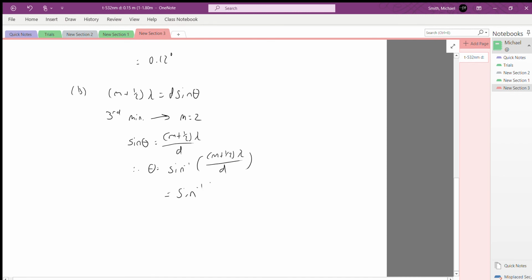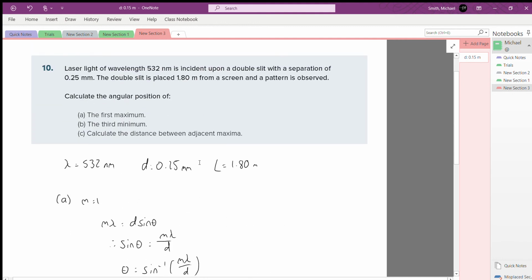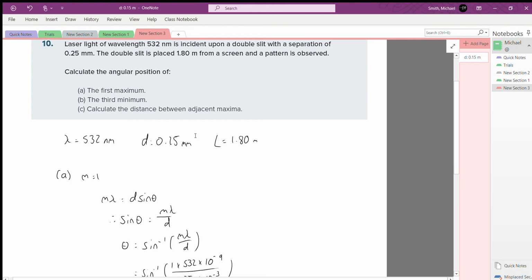The inverse sine of 2.5 times 532 nanometers on 0.25 times 10 to the minus 3 meters, and if we substitute that into our calculator, we get 0.30 degrees. Finally, we need to calculate the distance between adjacent maxima.